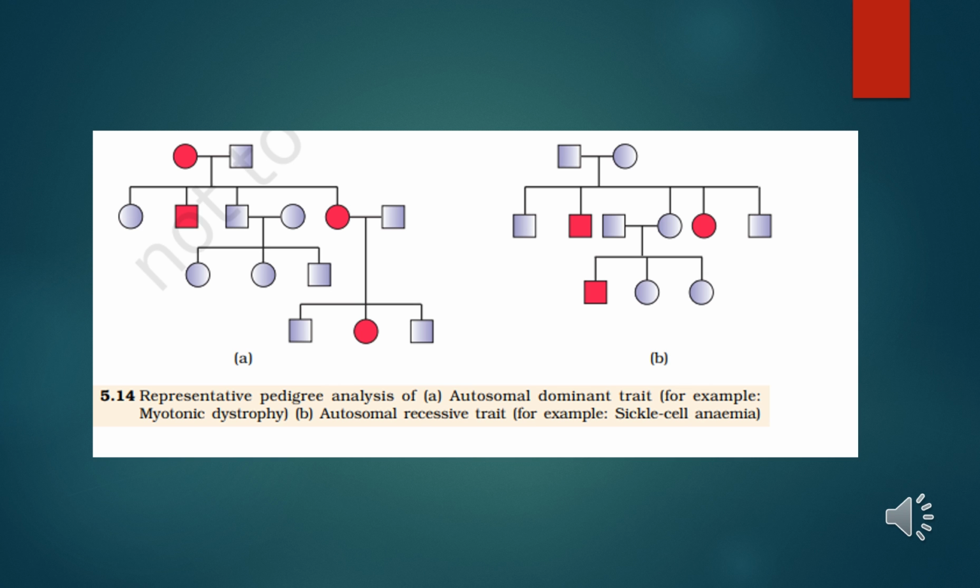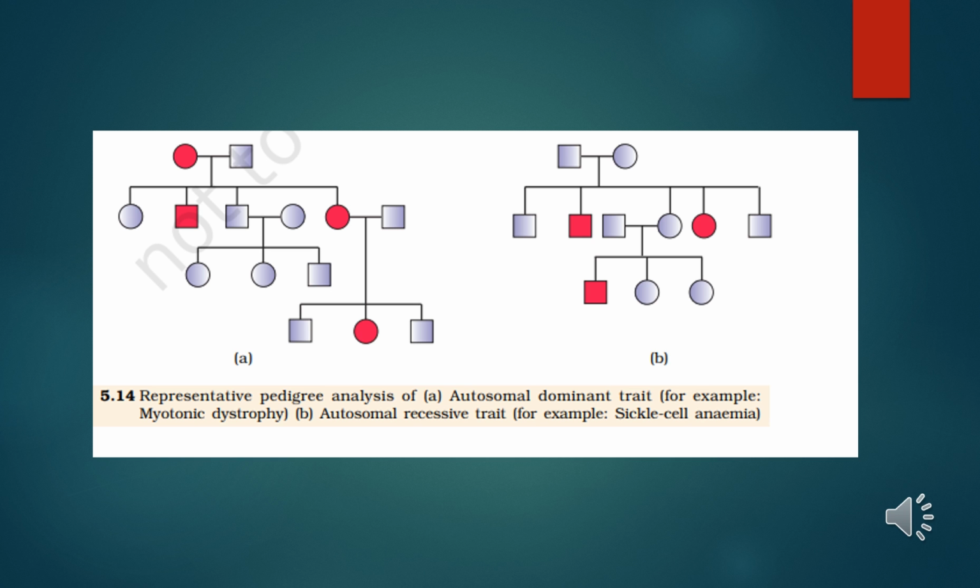We have to move from left to right. The left one, a female, is normal. Then the second is a male, affected, deceased. The third one is a male and he is normal, and the fourth one is a female, who is affected. Now you can see that when the third one, the male, marries a normal female, then no children are affected by the disease.